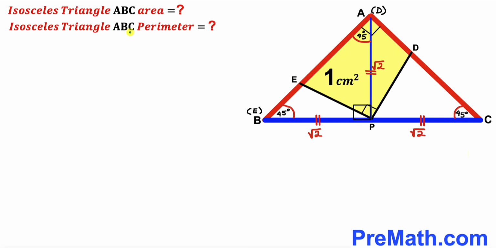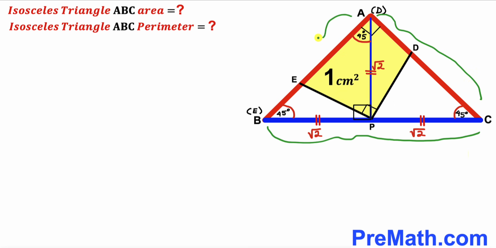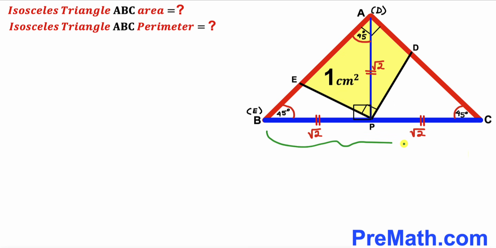And now we are going to calculate the perimeter of this triangle ABC as well. And the perimeter of this triangle ABC is going to be the sum of this side BC, the side AC, and the side AB. And we know this side BC length is going to be square root of 2 plus square root of 2, which is going to give us simply 2 times square root of 2.